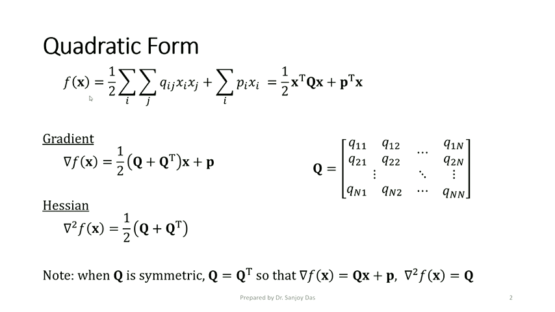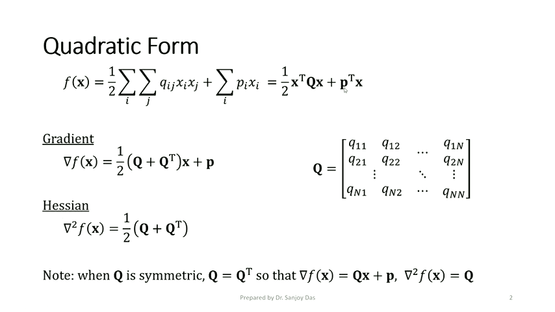Okay, so the derivative or the gradient of this quadratic function is equal to del f of x, which is half of Q plus Q transpose times x, plus p. Derivative of the first term is this.